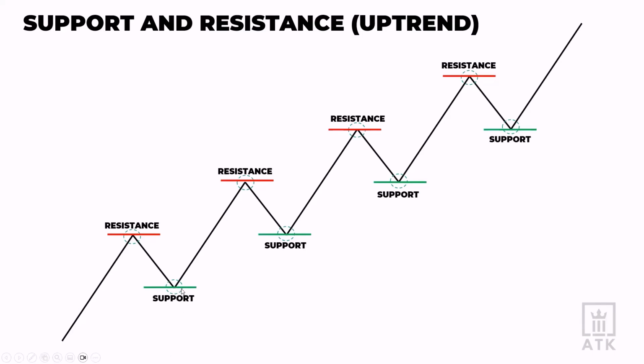And so when price comes up here, or when price comes down here, that support, there's a bounce. It bounces off resistance to the downside, bounces off support to the upside. And you'll see those bounces that occur on the uptrend.